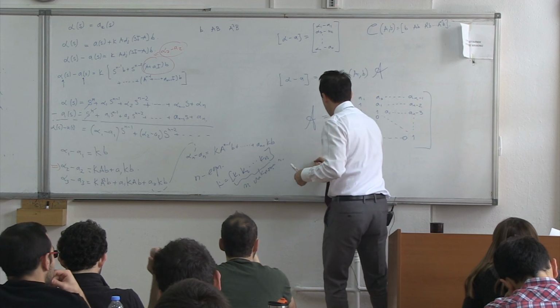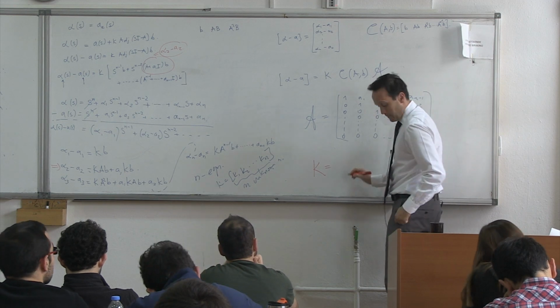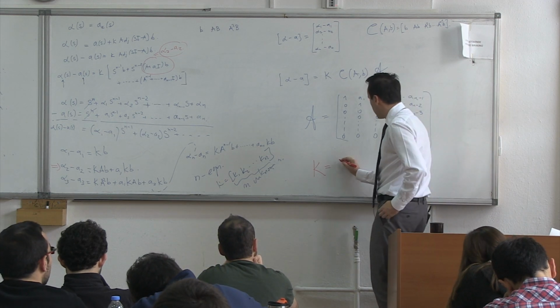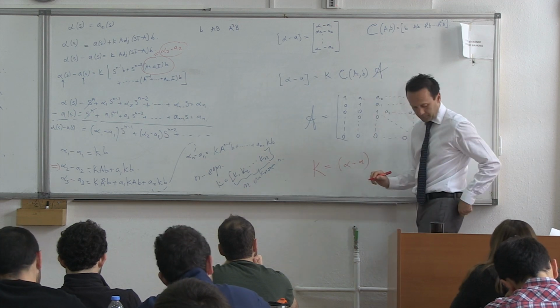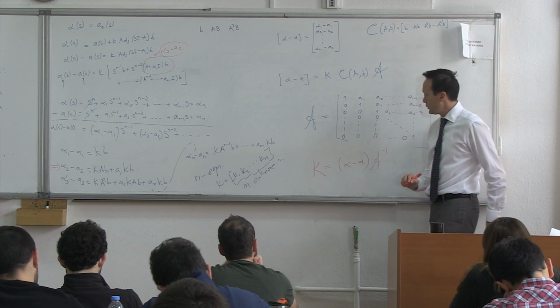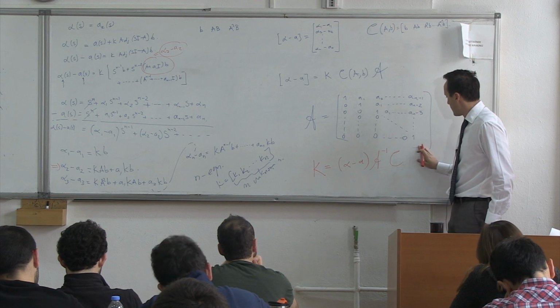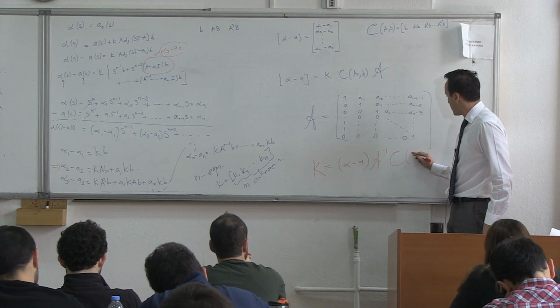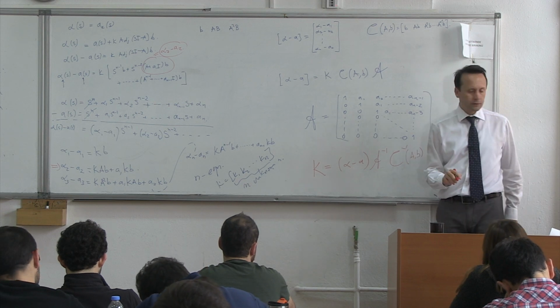From here, K will be equal to alpha minus A over minus 1, script A over minus 1, and minus 1 of the controllability matrix.